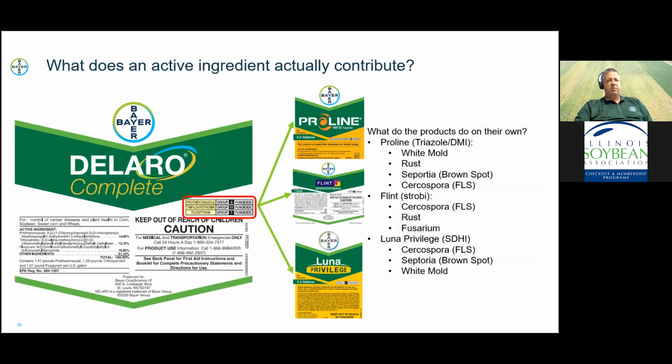It's really effective against white mold, rust, brown spot, Cercospora, frog eye, different things. The strobilurin is effective against Cercospora, rust, and fusarium, while the SDHI component is effective against Cercospora, septoria, and white mold. And so we have different active ingredients, as I've been saying, that are effective against different diseases.